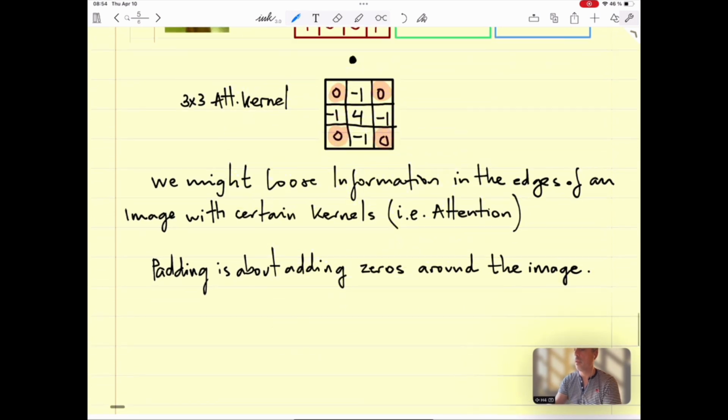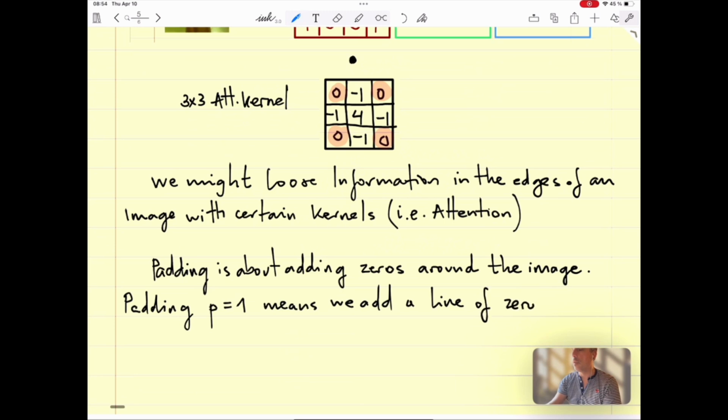Okay, so we say padding p equals 1 means we add a line of zeros around the image.